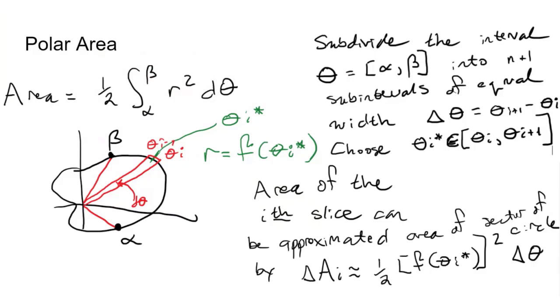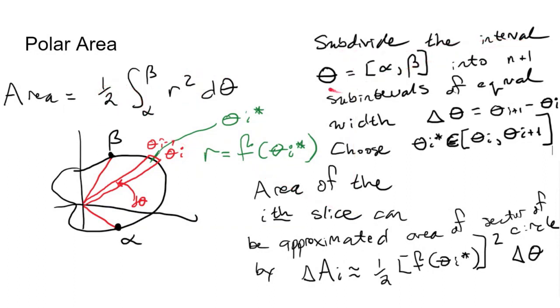And so instead of how we had this kind of same setup, but with Cartesian, the Cartesian is just x and y coordinates. In the Cartesian case, we approximated area with rectangles. Now we're approximating area with sectors of a circle. So that's going to change our integration formula just a little. And you can see how it changes. We have to square the function, and we have to multiply by 1/2.